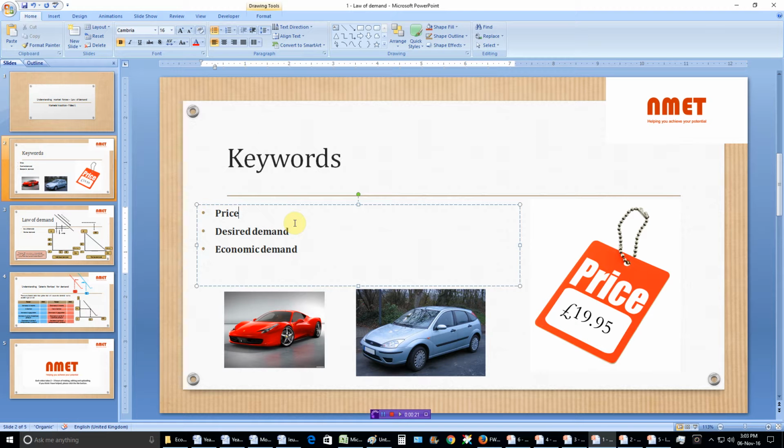So what do we understand by price? It's the decider of how much you pay for something.